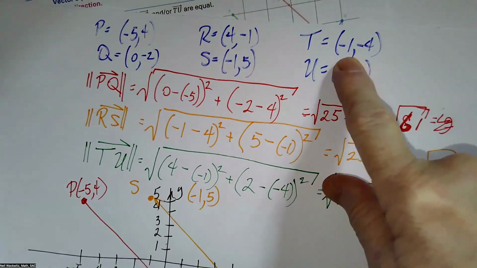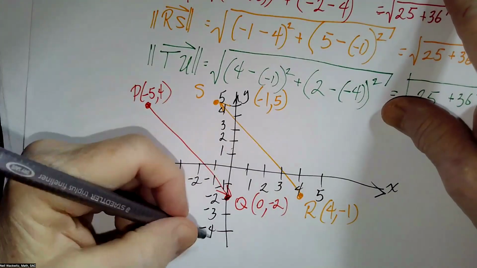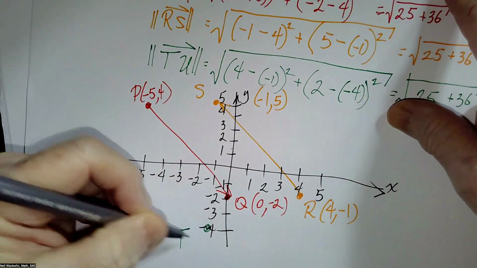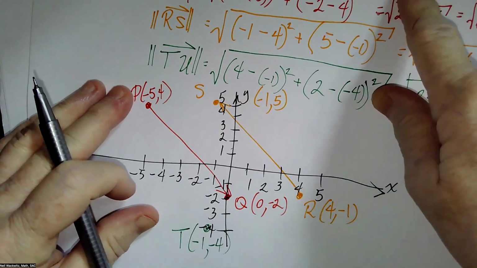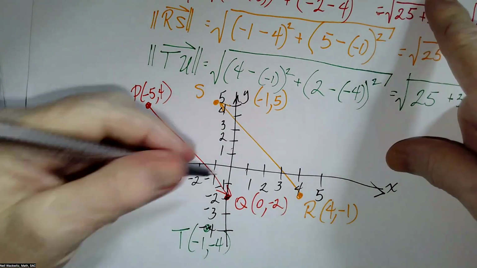And finally, we're going to sketch TU. T starts at -1, -4. U goes to 4, 2.